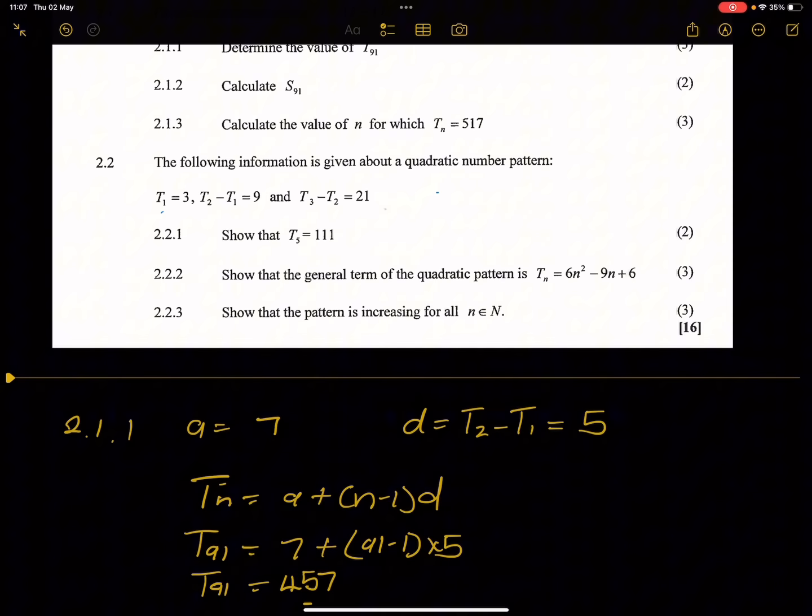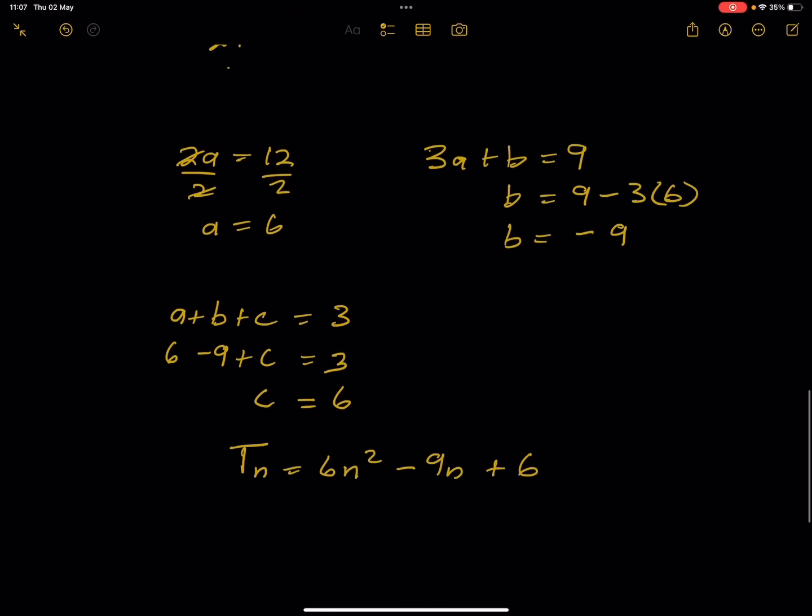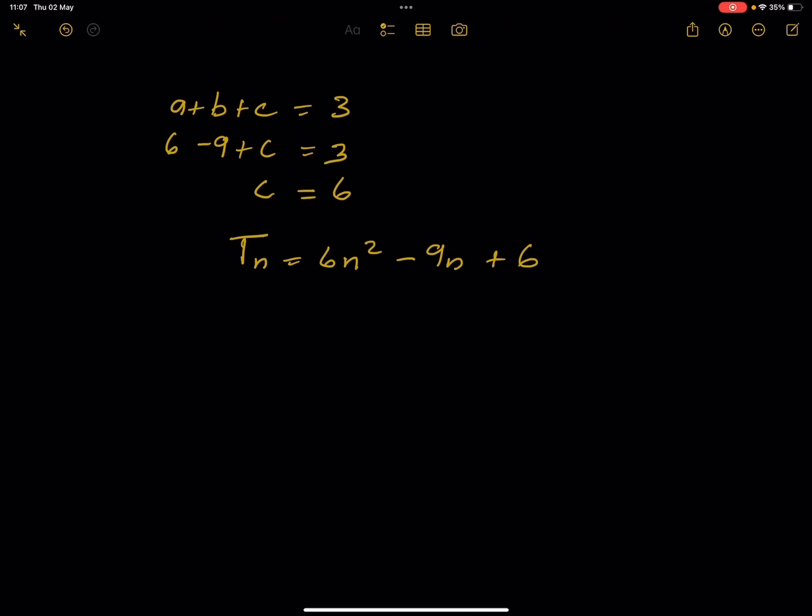Now, if you look at this, right, how do we show that this is an increasing pattern? Right, so what I'm going to do is I'm going to try to complete the square, right? So in this case, we can do this. How do we do so? You can find minus b over 2a, right?